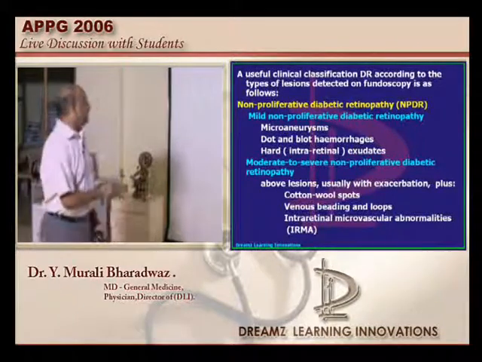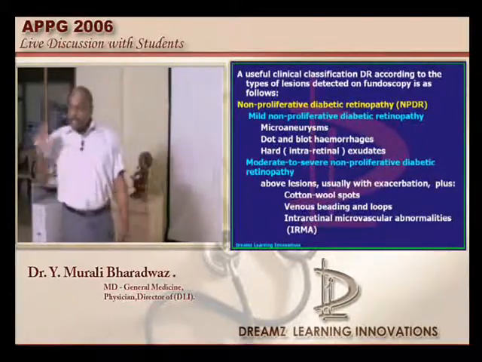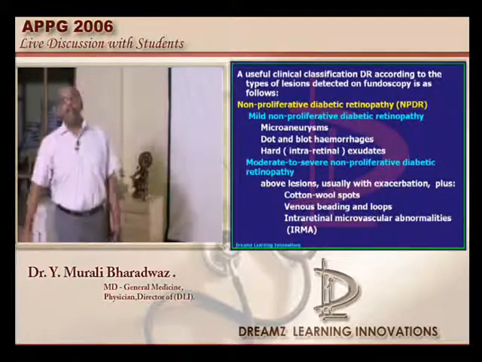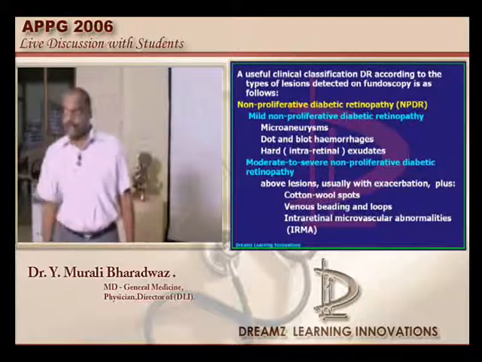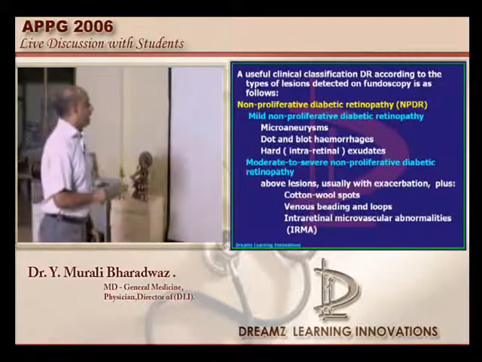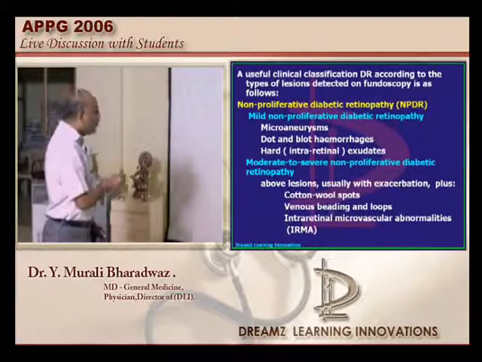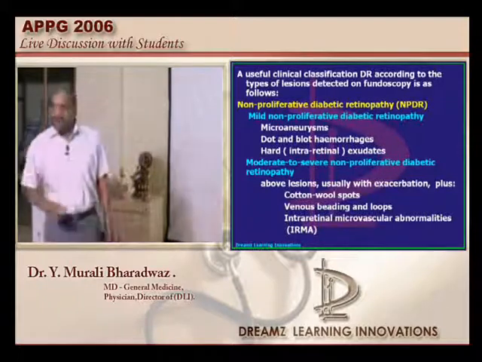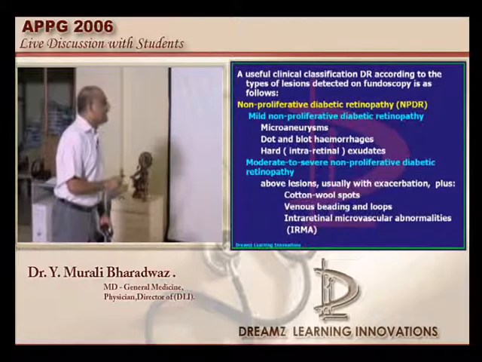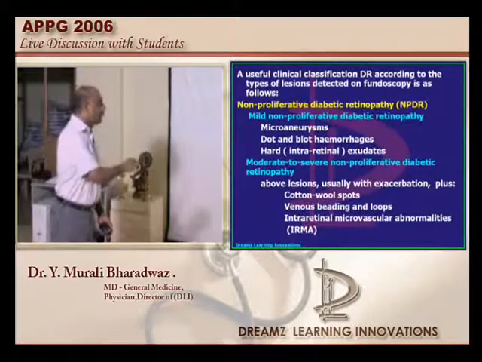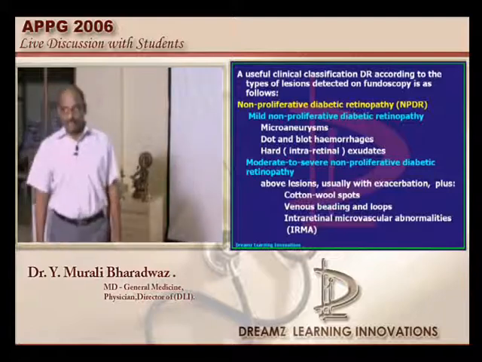The microaneurysms, the dot blot hemorrhages, the hard exudates are all seen in the mild type of non-proliferative diabetic retinopathy. Whereas if, in addition to all these lesions, cotton wool spots, venous beading, and the intraretinal microvascular abnormality called IRMA appear, it is called moderate to severe non-proliferative diabetic retinopathy.